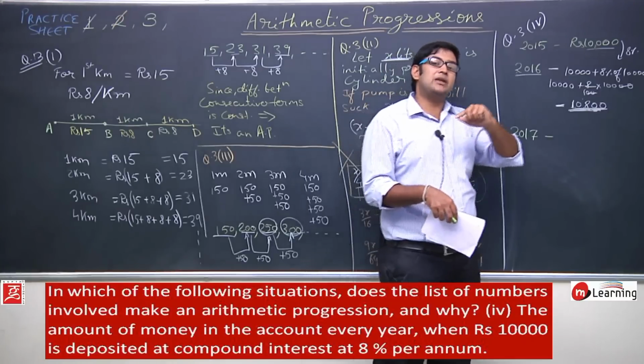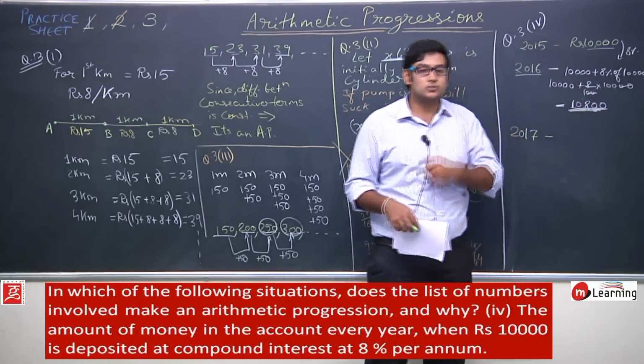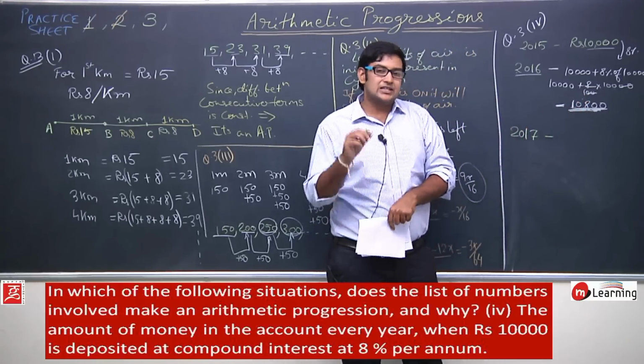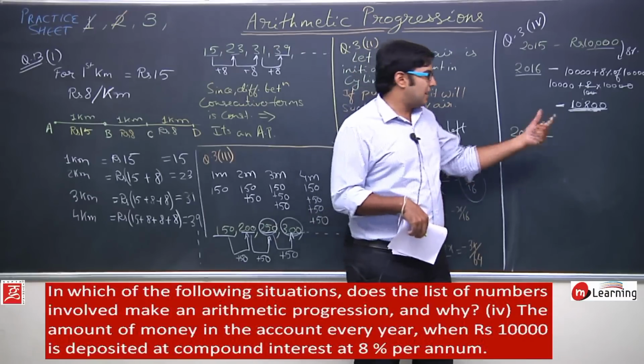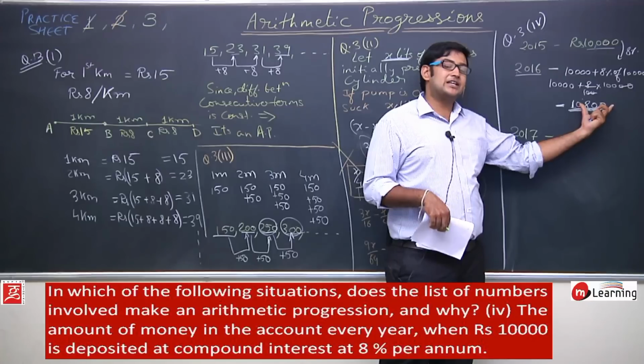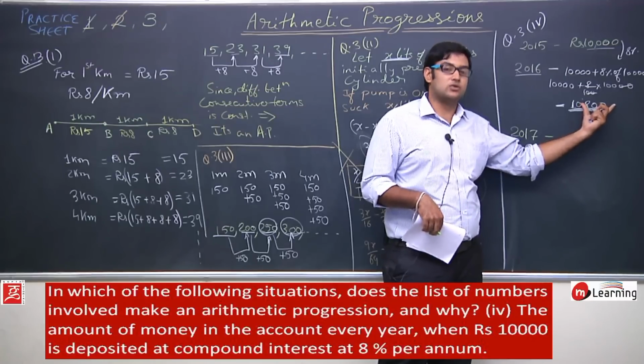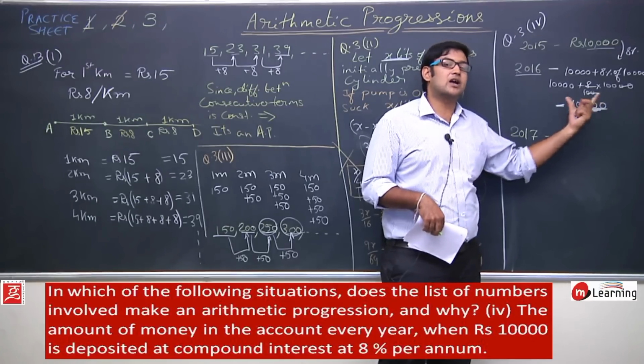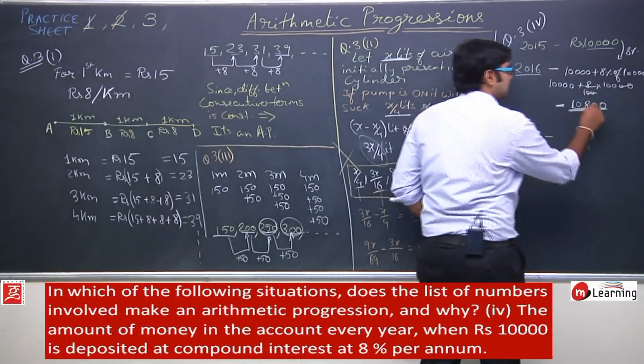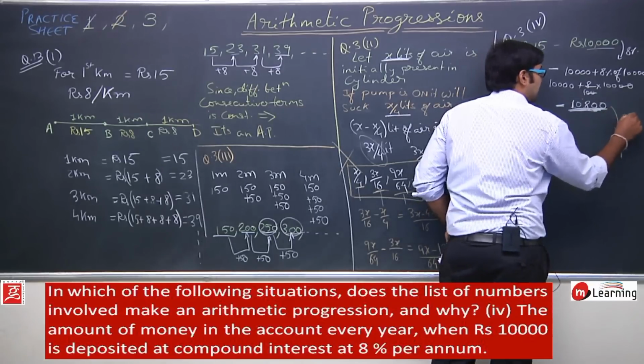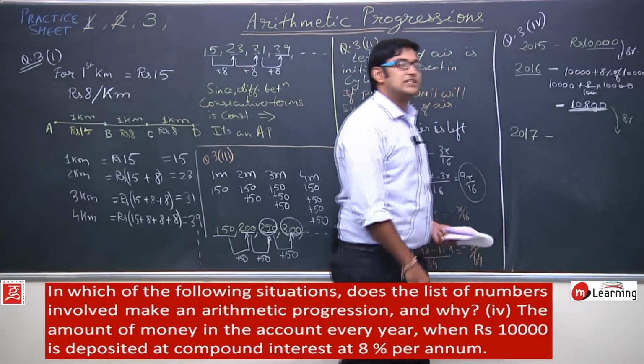That's why the bank will pay me interest on this 800 rupees also. In simple words, the bank will pay me 8% interest on the amount in my account. I have 10,800 rupees, so the bank will pay me 8% on this amount.